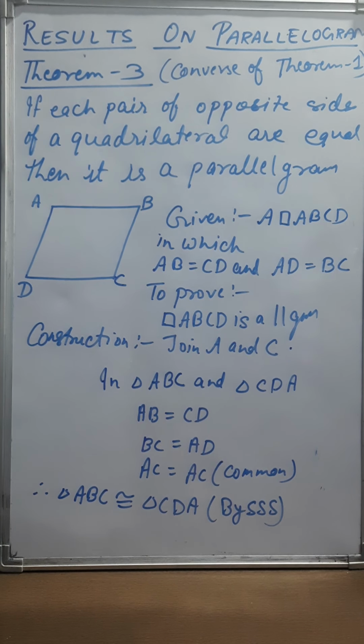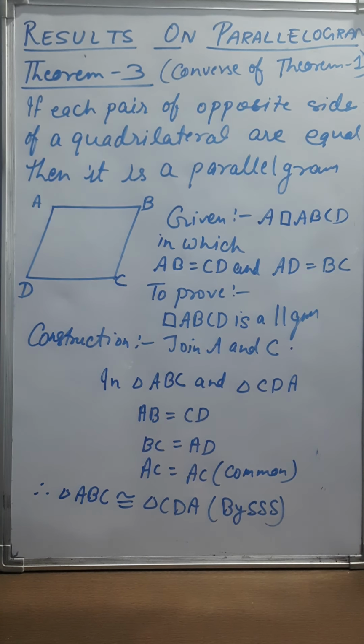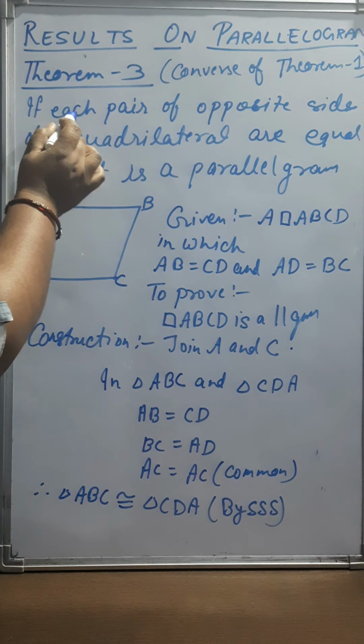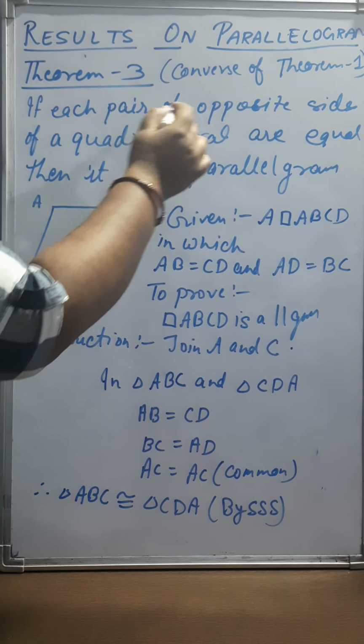Now we will discuss theorem 3, which is the converse of theorem 1. Theorem 1 says that in a parallelogram opposite sides are equal. But here we are going to prove that if each pair of opposite sides of a quadrilateral are equal, then it is a parallelogram.